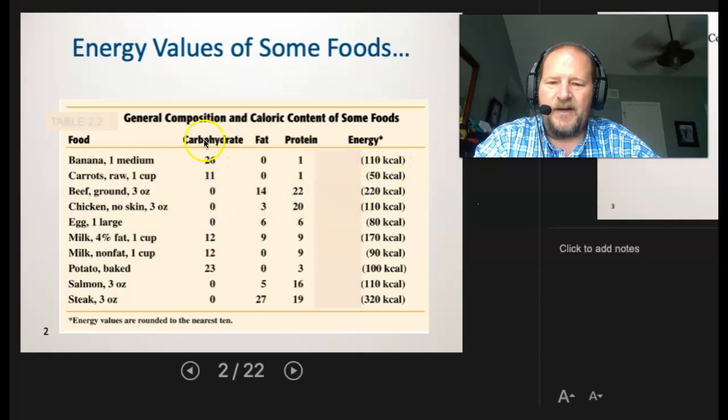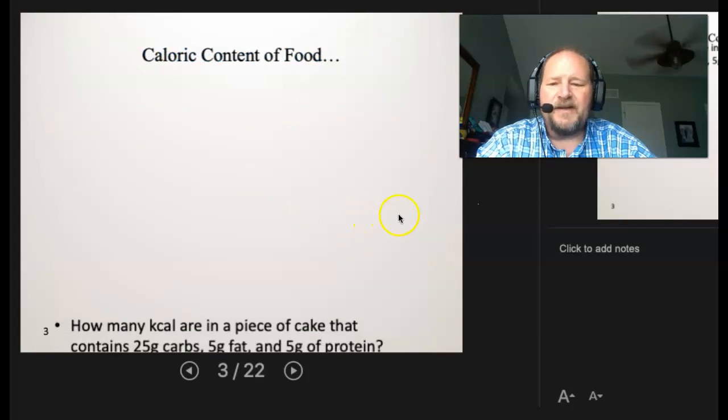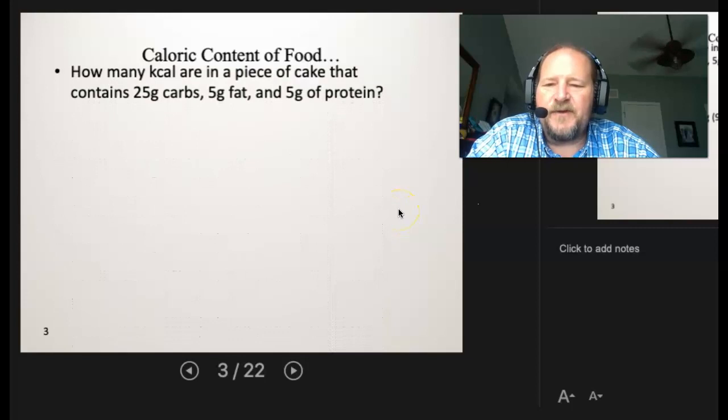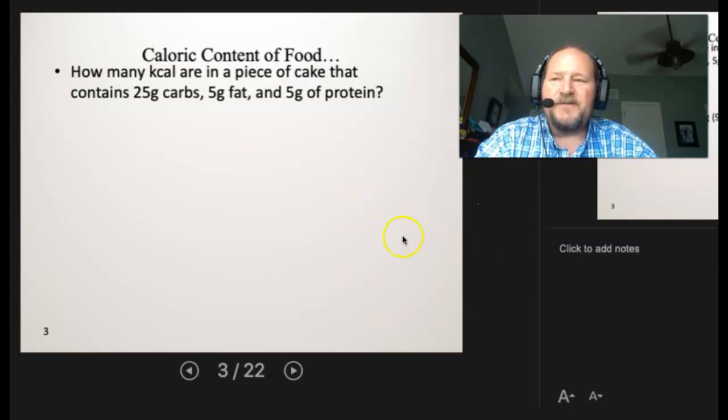You're just going to multiply carbohydrates by 4 kcals per gram, the fat by 9 kcals per gram, and then the protein by 4 kcals per gram. A typical question might look something like this. How many kilocalories are in a piece of cake that contains 25 grams of carbs, 5 grams of fat, and 5 grams of protein?